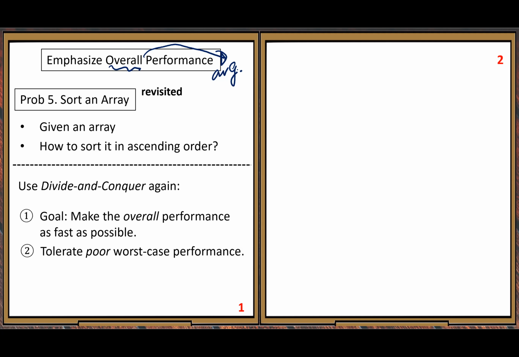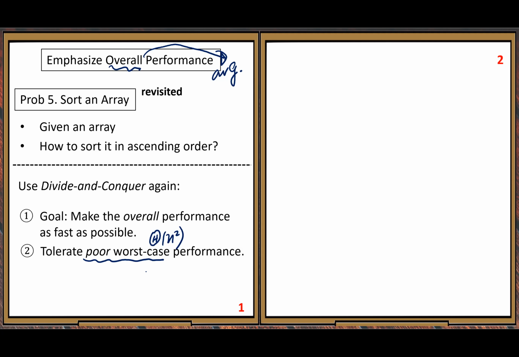You can avoid poor worst case efficiency. You need to tolerate poor. How poor? How much poor do you mean here? That's big theta of n squared. This one we mean it's poor.